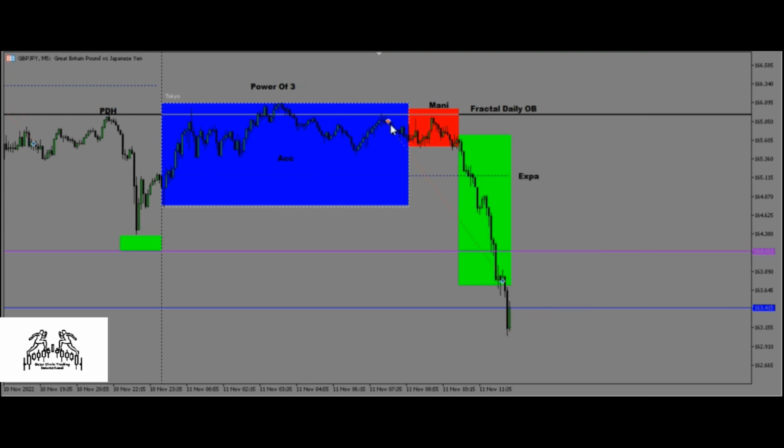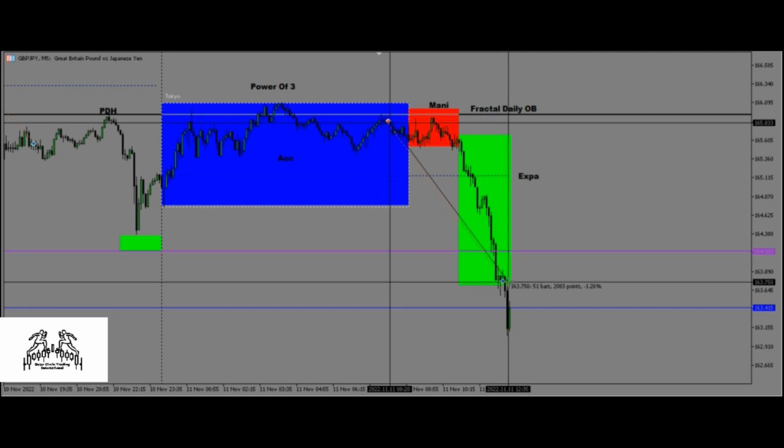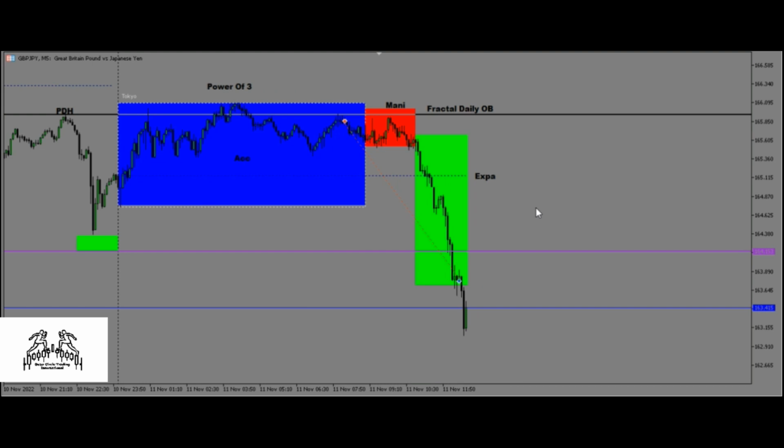You see where I took the trade. I took the trade here, and as you can see, 200 pips secured, just like that. There was a 200 pips move on the London session. You should expect a move on the London session. Why is the GBPJPY moving massively on the London session?